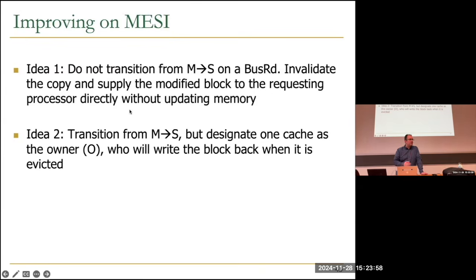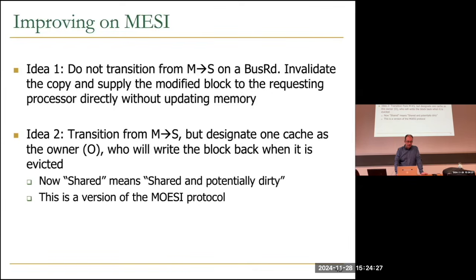We actually discussed it. It can be useful in some cases, if your data is not likely to be used, right? You don't have future accesses or reads to that data. So it might make sense to just invalidate that cache block. The second idea is to transition from modified to shared, but designate one cache as the owner who will write the cache block back when it is evicted.